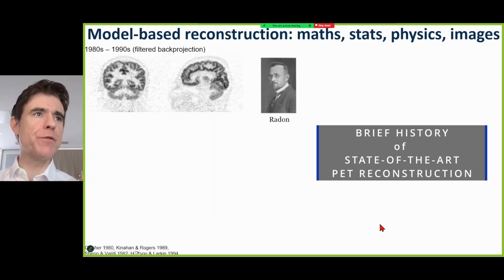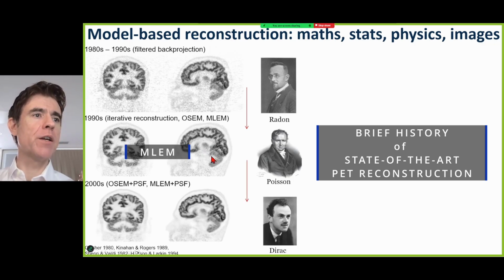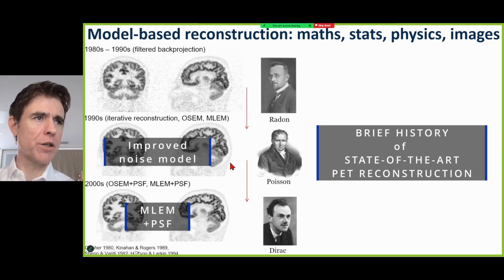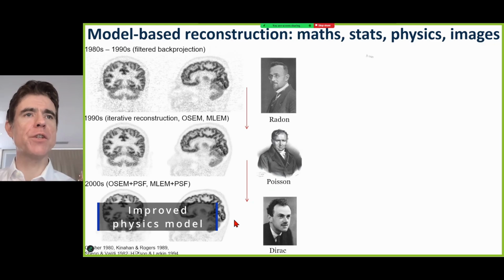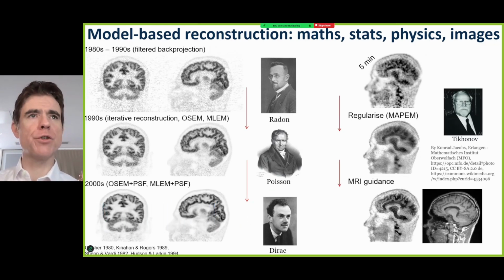So to briefly visit those model-based methods, we've got filtered back projection there, we've got MLEM reconstruction there, and then we've got MLEM with PSF modeling, showing the improvement in modeling of the statistics and then improving modeling of the physics. This is just a review of what we did for the model-based reconstruction methods.